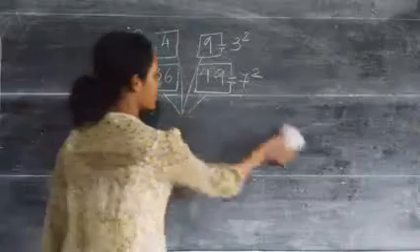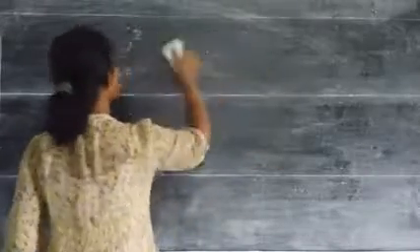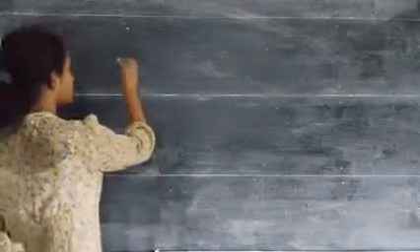So now, keeping perfect squares in mind, let's see how to identify whether a given number is irrational or rational. Now, look at these numbers.